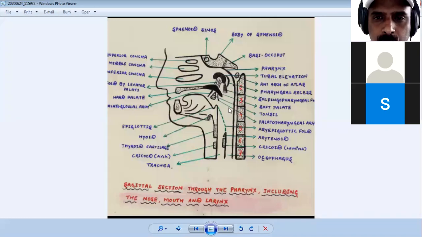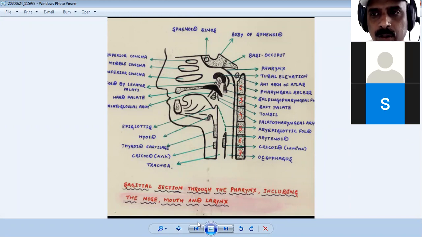So this is all you have to write in the oropharynx, the palatine tonsil. I have covered a little bit about the palatine tonsil. One minute remains, time is almost over. So I have covered these three parts. In the next lecture on Wednesday, I will cover the muscles of the pharynx and clinical anatomy. This is all about the pharynx, and you have to know all these diagrams.